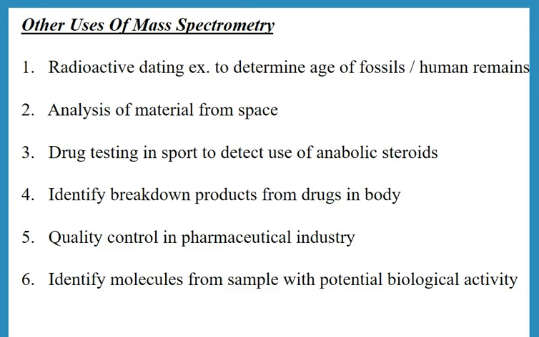So to determine the presence of certain drugs in the body, we can use mass spectrometry. It's used in quality control in pharmaceutical industry. It is used to identify molecules from samples so that we determine their biological activity. Okay, so these are some of the uses of mass spectrometry in everyday life.